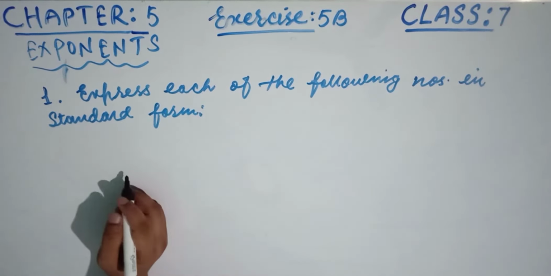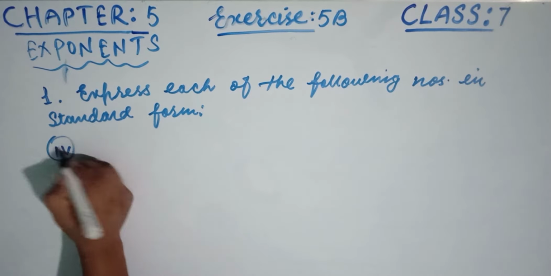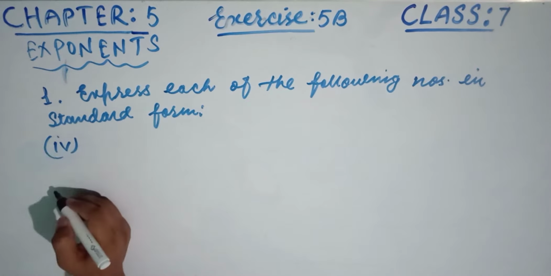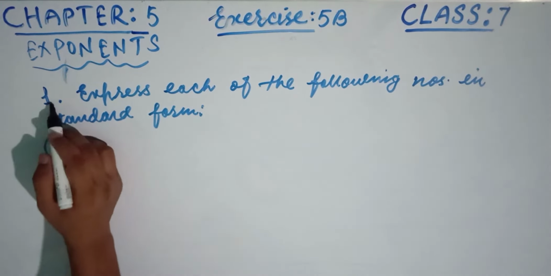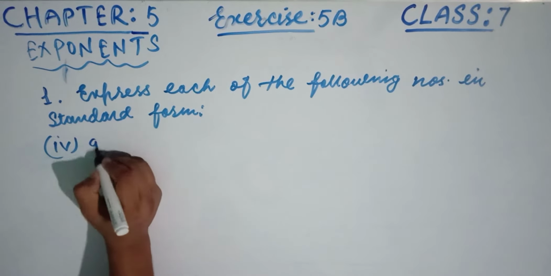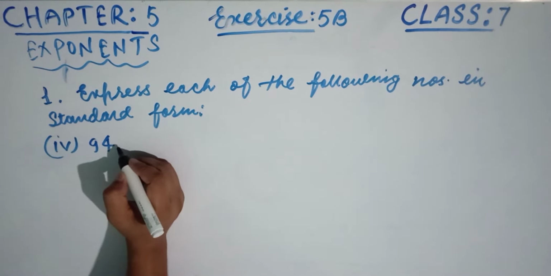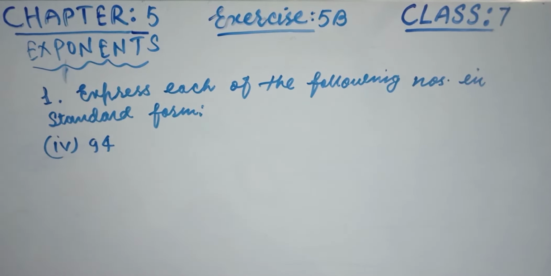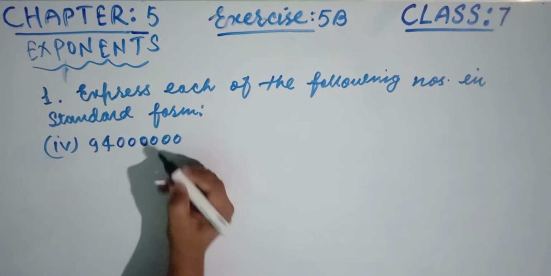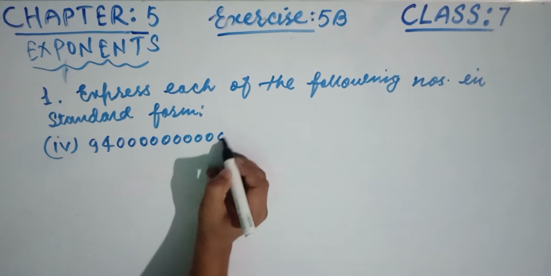See, friends, we have taken question number 1, which carries 5 sub questions, and we have taken the fourth one. The number is 9, 4, and how many zeros, friends? 1 2 3 4 5 6 7 8 9 10. 10 zeros, friends.